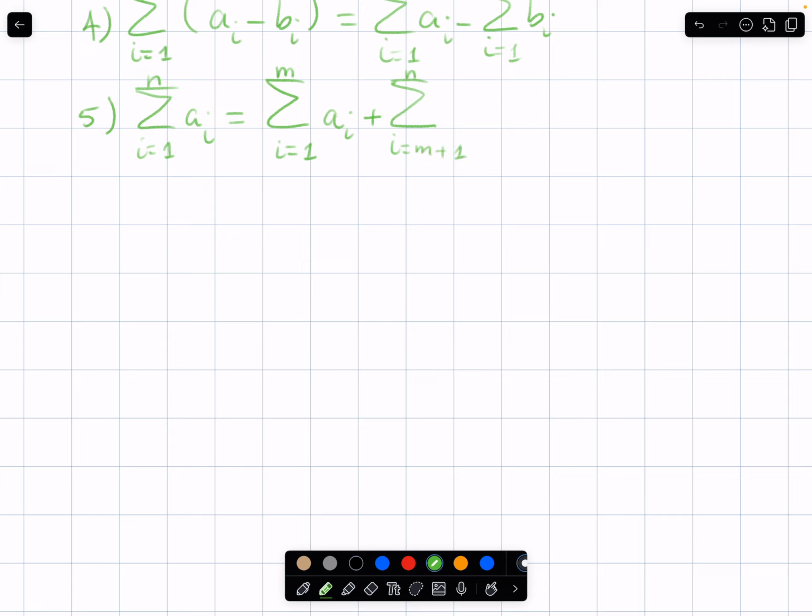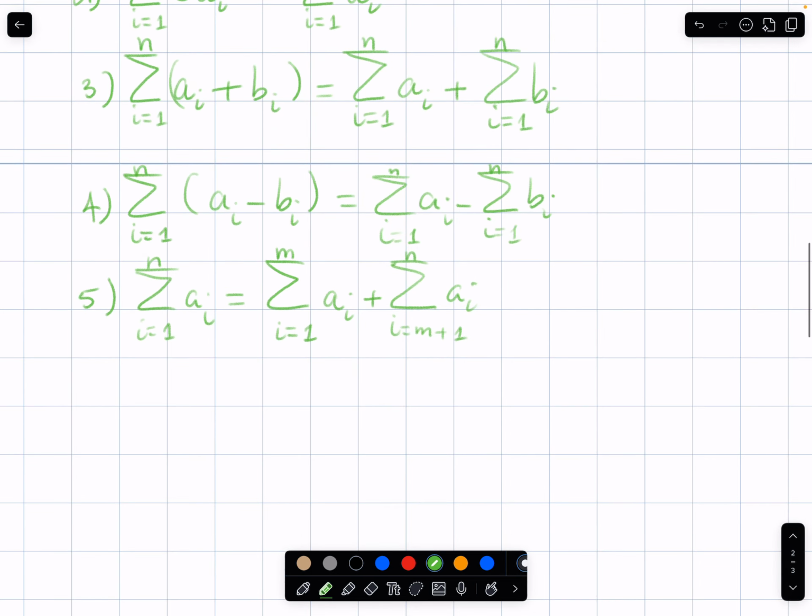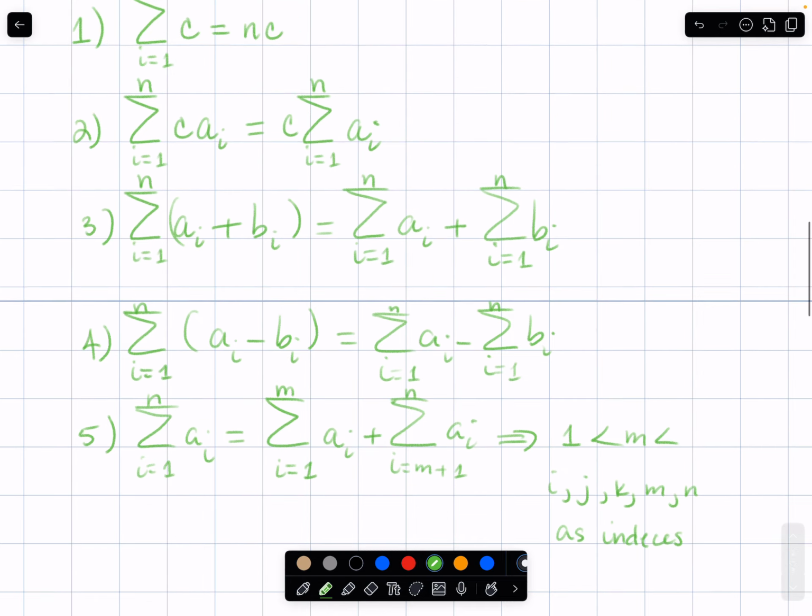And over here, you have to understand that mathematicians usually like to use i, j, k, m, n as indices. So that's what I'm doing right here.